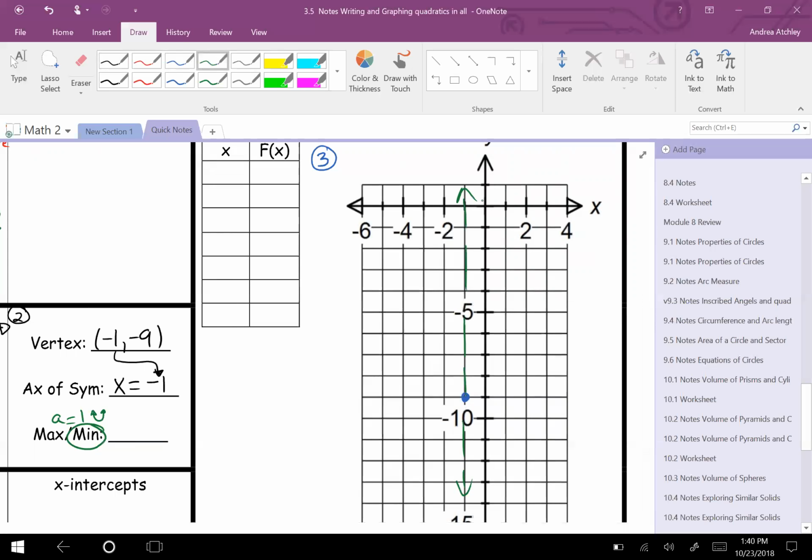Does anyone remember my patterned rate of change? Yep. Very good. So my a over 1, then 3a over 1, then 5a over 1. Since a is 1, I just need to go up 1 and over 1 for that first step from my vertex.